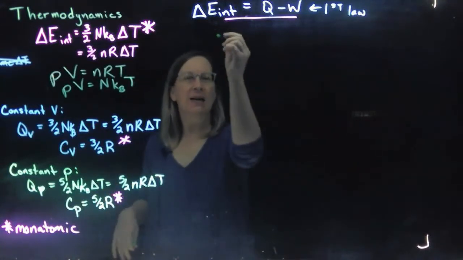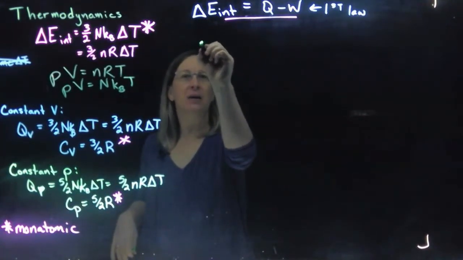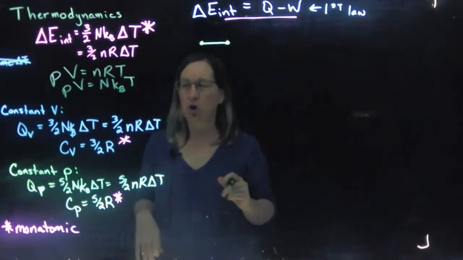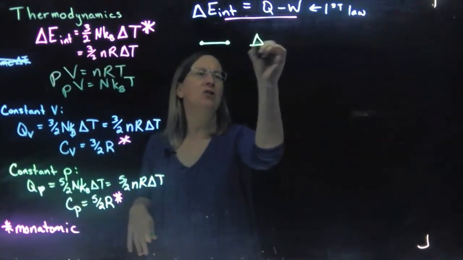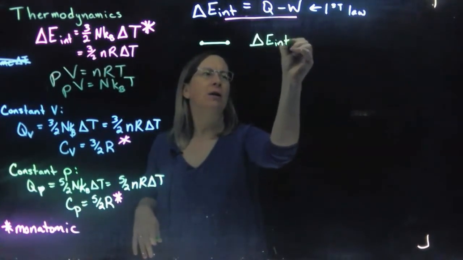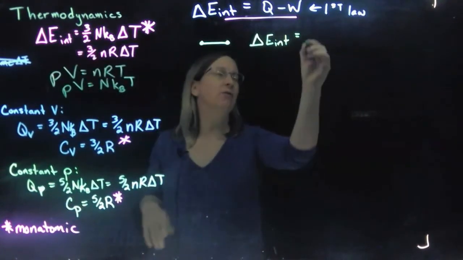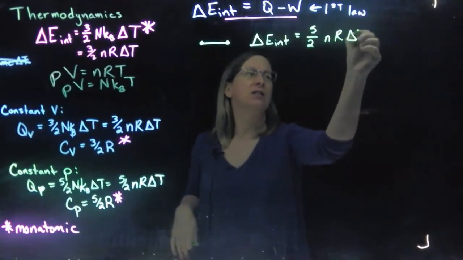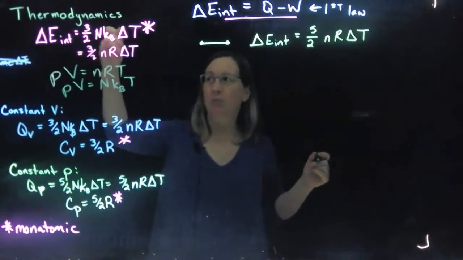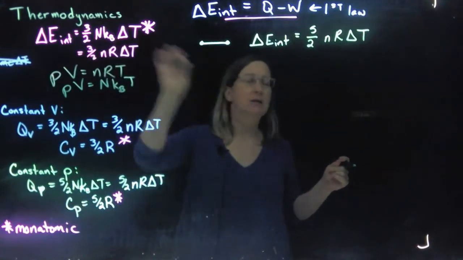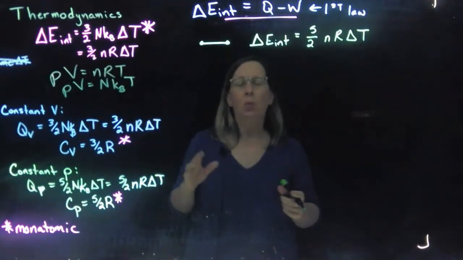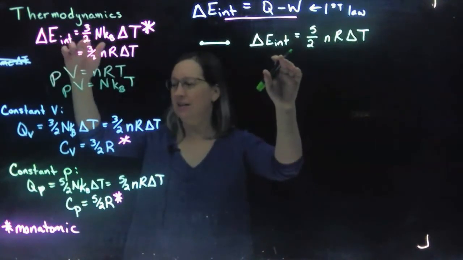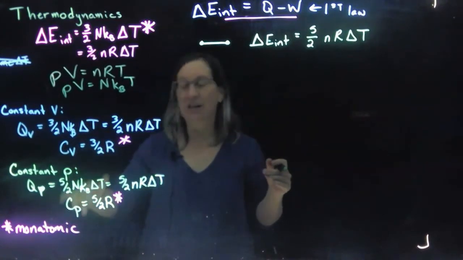But you may remember that when we were talking about diatomic, we said if we have something that's diatomic, so we have something like this, and we think of it as rigid, so vibrational energies don't come into play, then our change in internal energy gets 2 more degrees of freedom. So instead of 3/2, we have 5/2 N kB, Boltzmann's constant, times delta T. We use this to get our heat capacities.